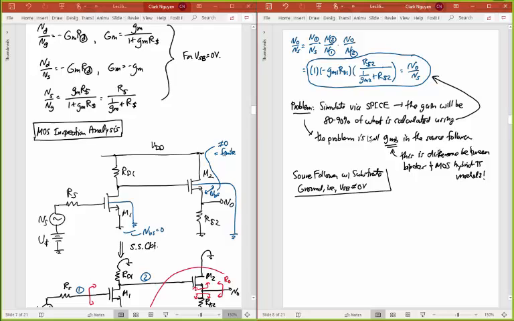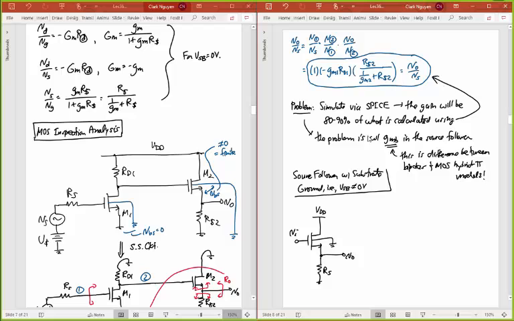So in this case, what we're going to end up with is a circuit here that is, I'll just redraw my source follower here. I'll keep my source resistance RS here and have a voltage, an output voltage there, but now I'm going to explicitly show that I've tied my bulk to ground here.